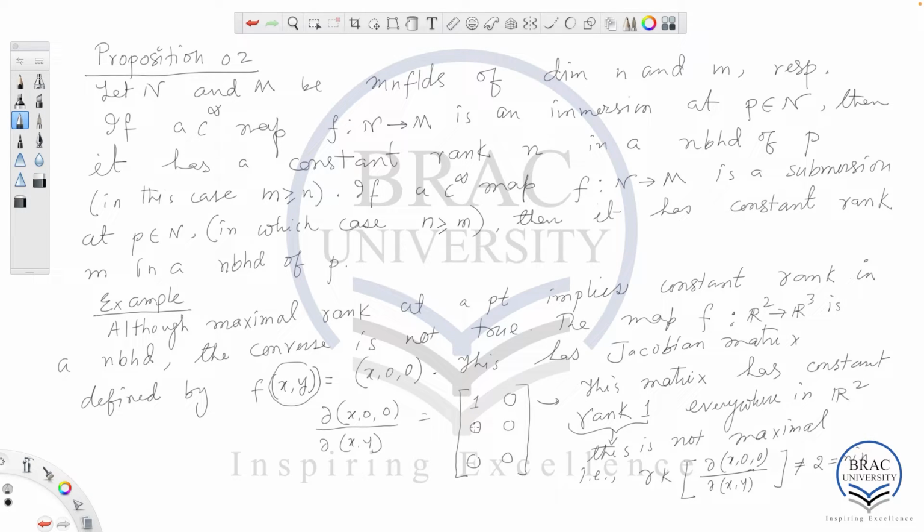The size is 3 times 2, so the minimum of 2 and 3 is 2, and the rank of this matrix is 1. So it is not maximal. So although this rank is constant, it is not maximal.